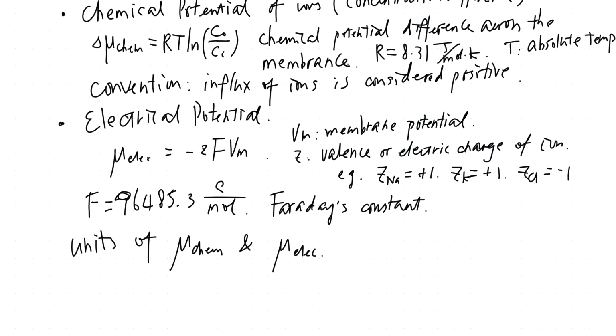You always see a ratio in a logarithm, because you cannot have a quantity carrying dimension in the logarithm. So the unit of chemical potential is determined by the unit of RT. R is joule per mole Kelvin, temperature is Kelvin, so it gives us joule per mole.